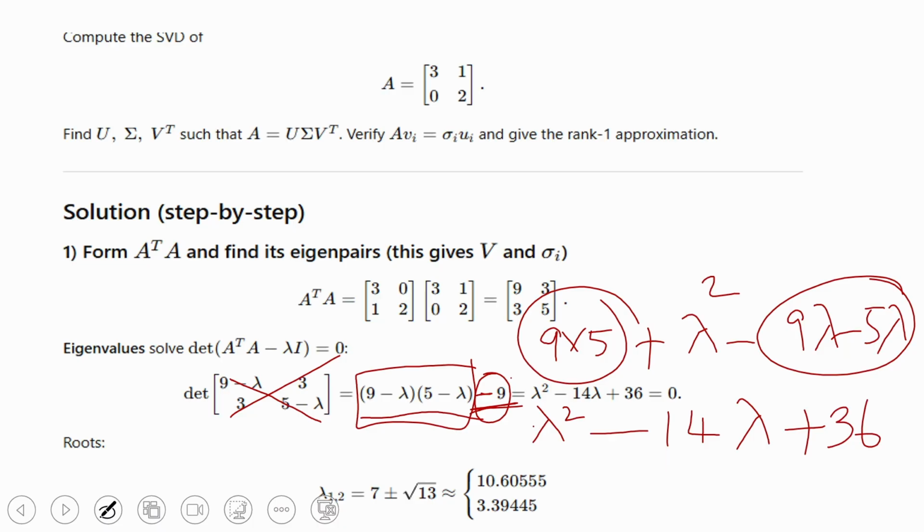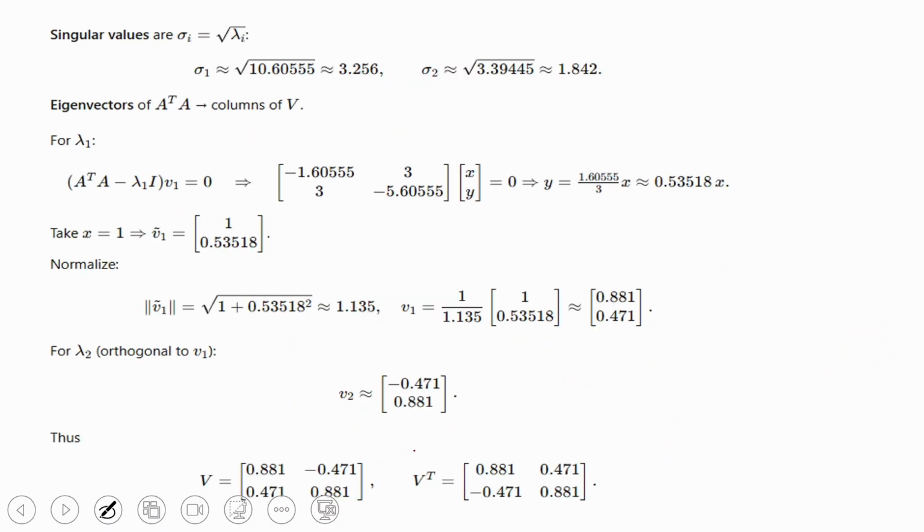So solving this, you will get 7 plus or minus root of 13.